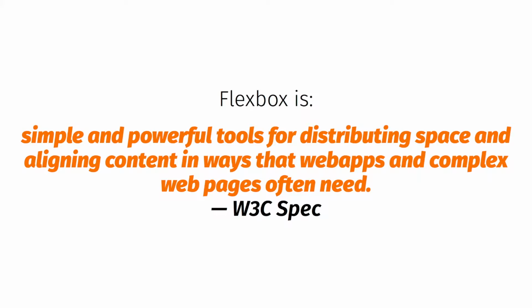Flexbox is also an easier, faster, and more reliable way to handle precise layouts. And right from the spec itself, Flexbox is simple and powerful tools for distributing space and aligning content in ways that web apps and complex web pages often need.